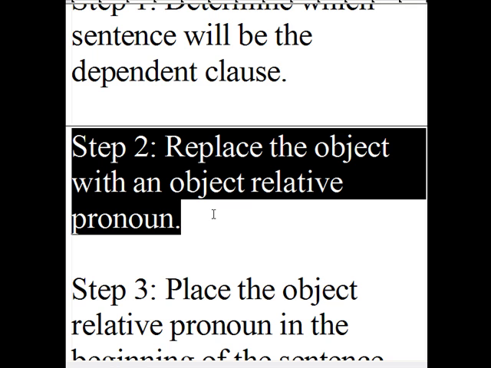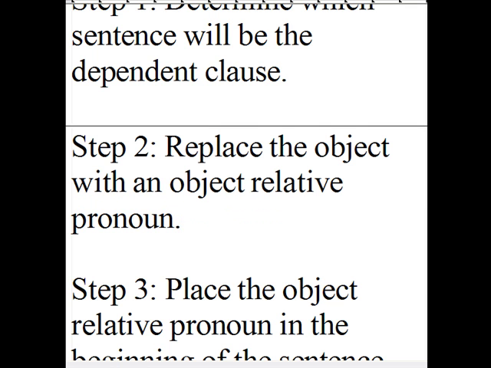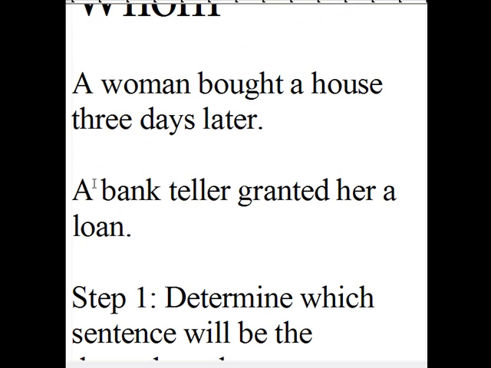Step 2. Replace the object with an object relative pronoun. Now remember, we're dealing with this second sentence, so we're trying to identify an object here. We actually have two. We have her, and we also have the word loan. But we know that her goes back to woman. Loan does not refer to anything in the previous sentence.